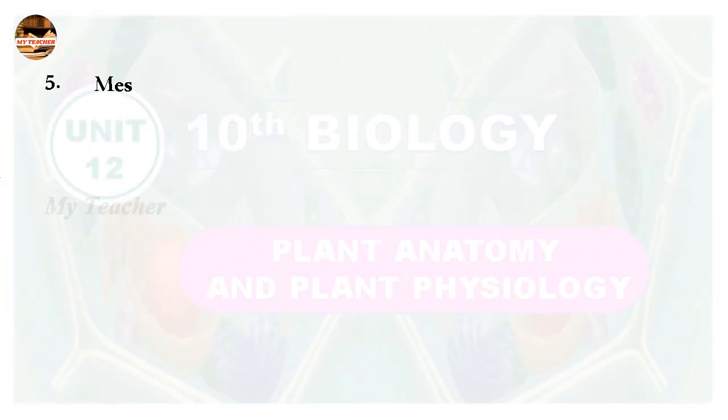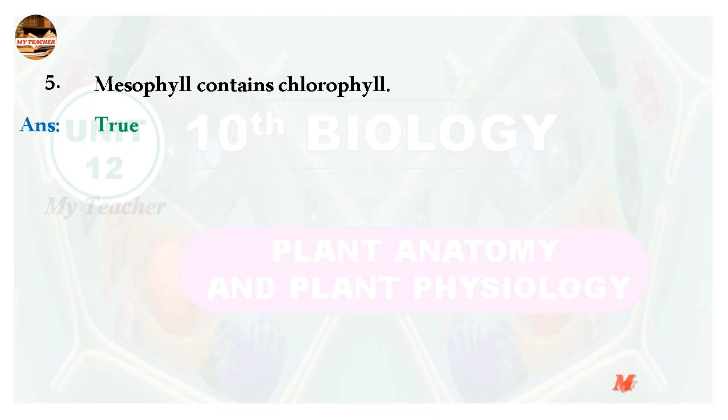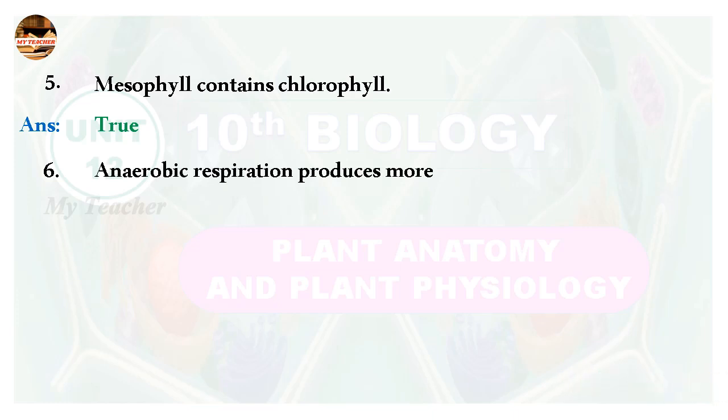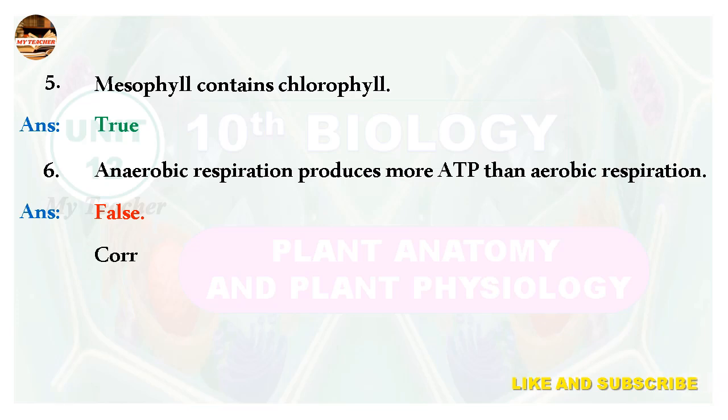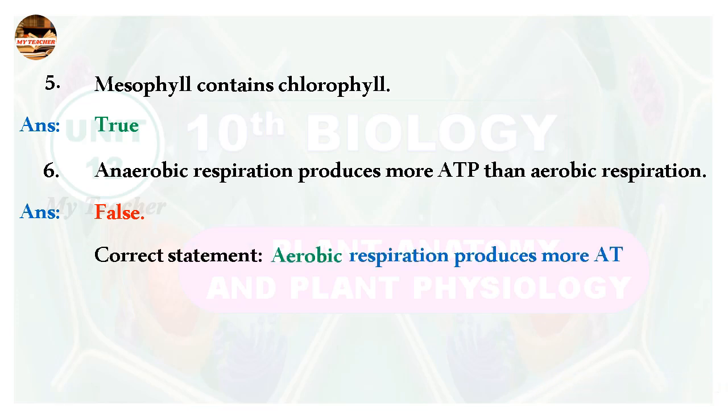Fifth question, mesophyll contains chlorophyll. Answer, true. Sixth question, anaerobic respiration produces more ATP than aerobic respiration. Answer, false. Correct statement is aerobic respiration produces more ATP than anaerobic respiration.